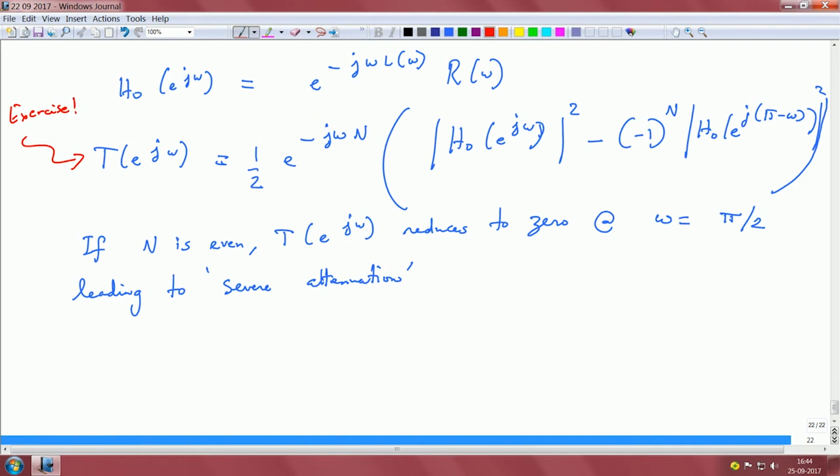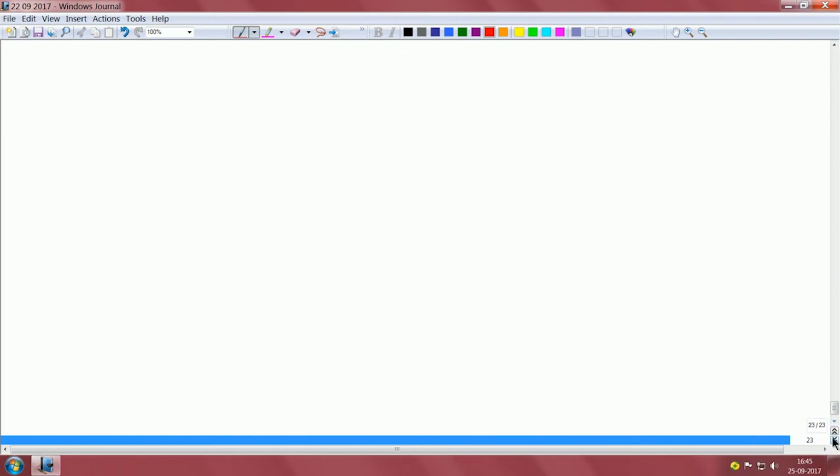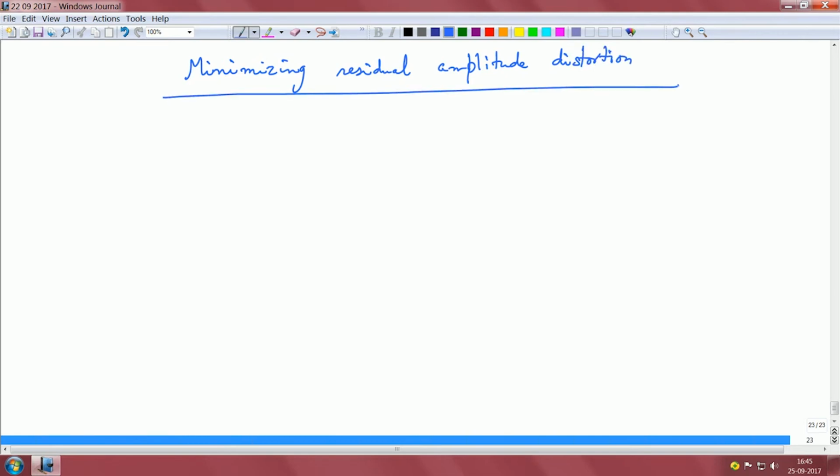Okay. With this there are some other details that we have to understand regarding minimizing the residual amplitude distortion. We eliminated the aliasing error, then we looked at the phase distortion.